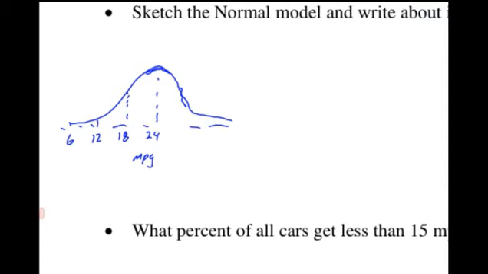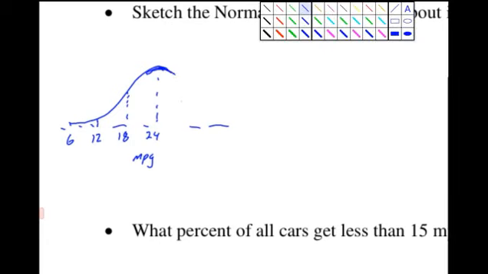On the right hand side, we get 30, 36, and 42. And this is state fuel economy.